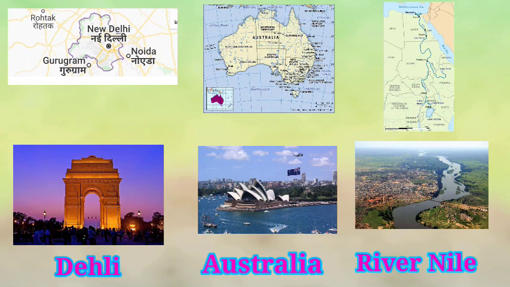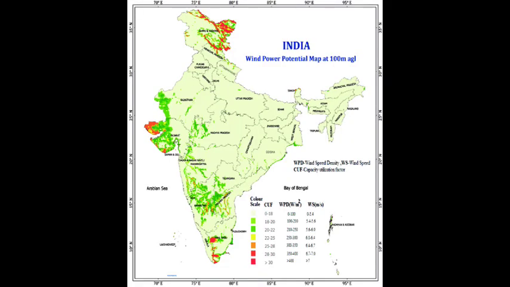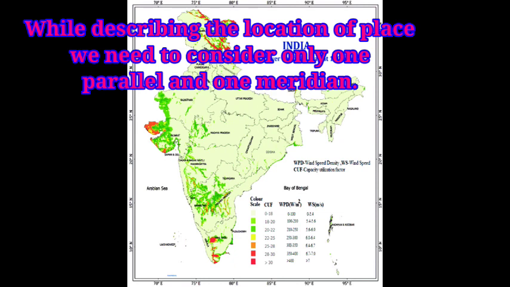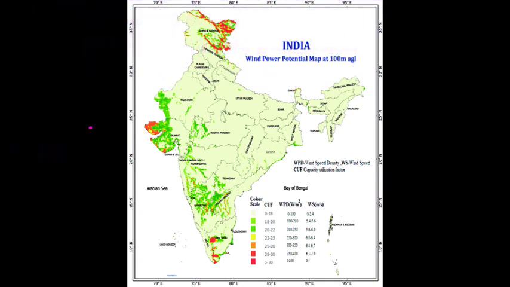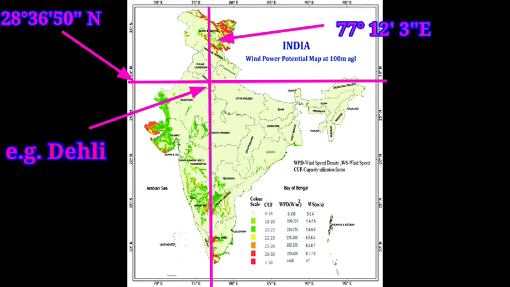We are going to verify the descriptions given in the textbook with the help of a world map or a globe. First description: while describing the location of a place, we need to consider only one parallel and one meridian. The example given in the textbook is Delhi, and Delhi is located at 28 degree 36 minute 50 second north latitude and 77 degree 12 minute 3 second east longitude.